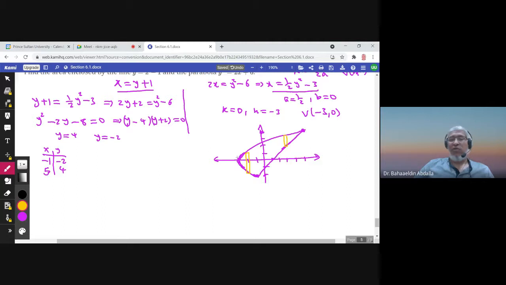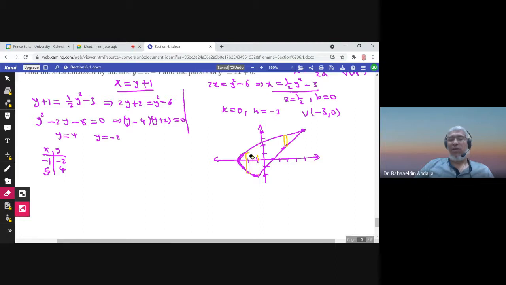So if you want to find the area of this region using a vertical rectangle, which means you will integrate with respect to x, you have to divide this region into 2 regions. And you find area of region 1 plus area of region 2.